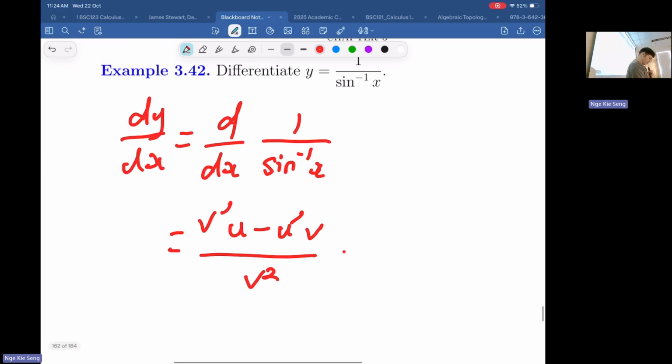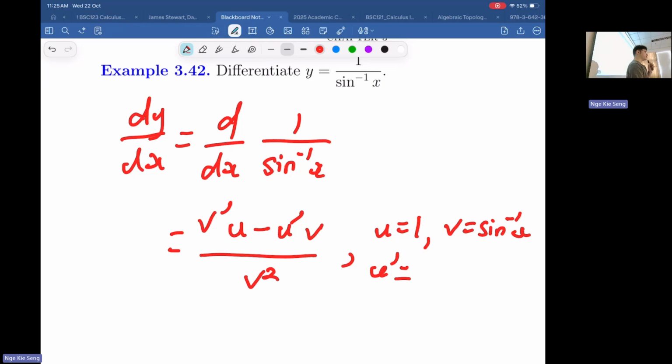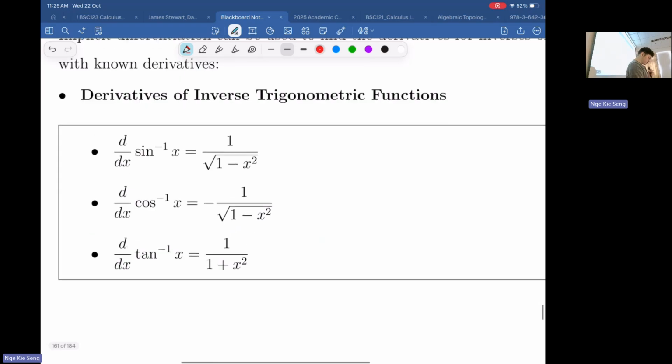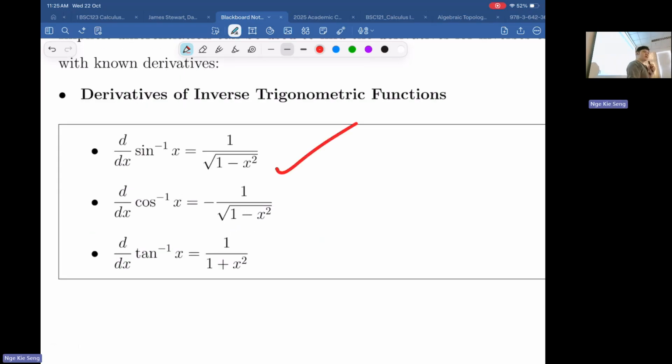So what's your u, what's your v here? Your u should be 1, your v should be sine inverse x. So what is u prime? I think u prime is 0. But what is v prime? Go to your formula sheet here. 1 over square root of 1 minus x squared.